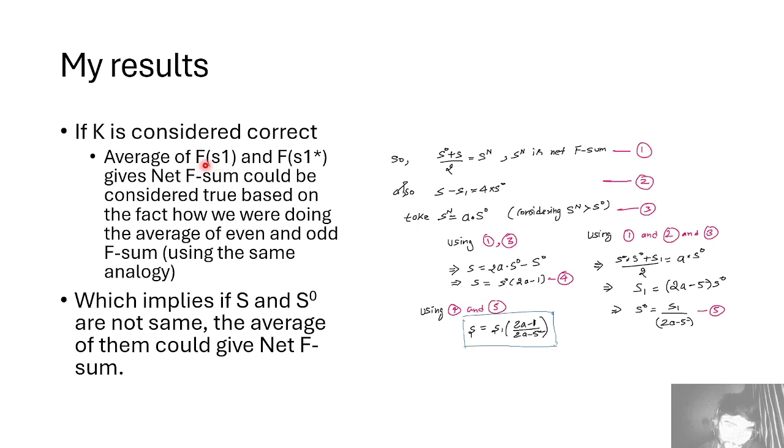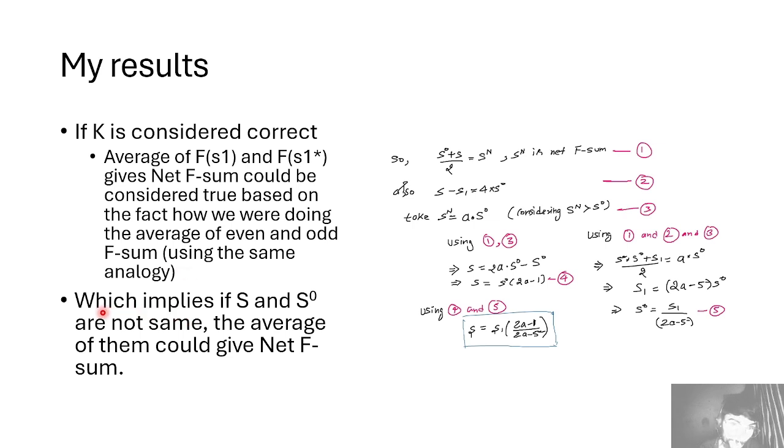So the average of f sum of S1 and f sum of S1 shifted, star, gives you the net f sum, and it could be considered true based on the fact that we were doing the average of even and odd f sum. So we can use the same analogy to get the net f sum.